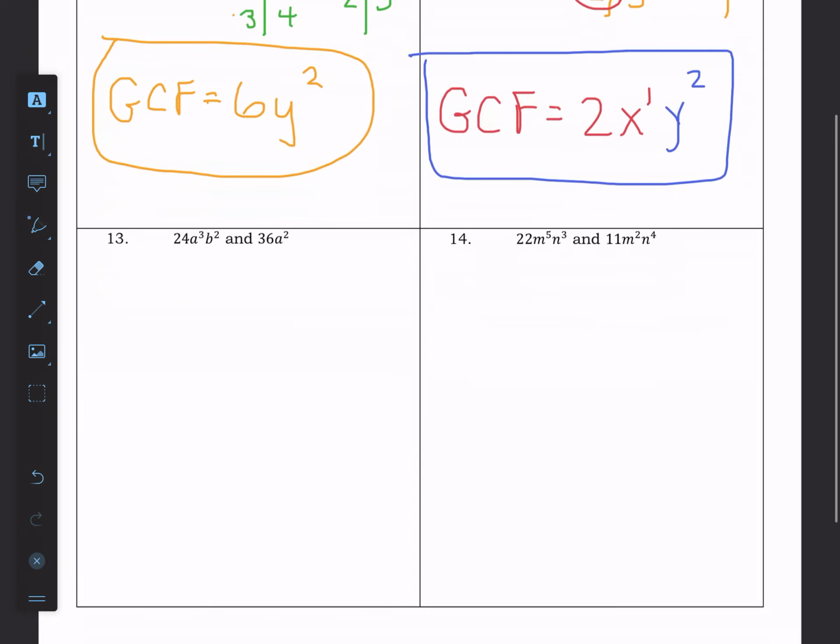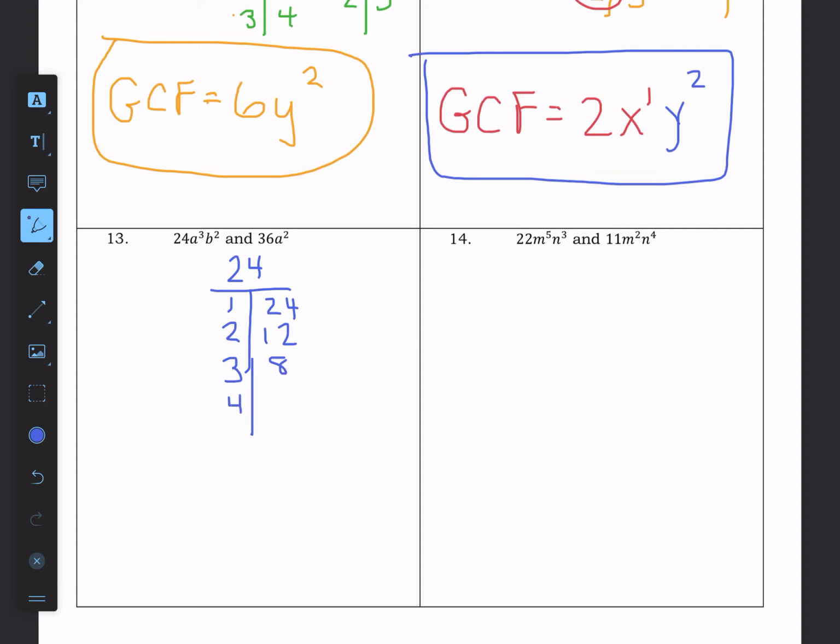Two more. All right, so number 13. We've got 24 and 36. So let's list our factors of 24. So 1 and 24, 2 and 12, 3 and 8, 4 and 6.